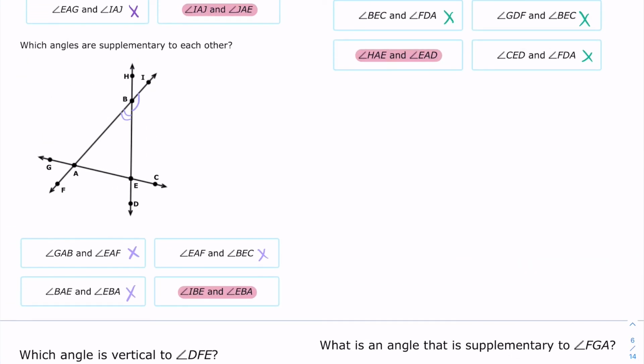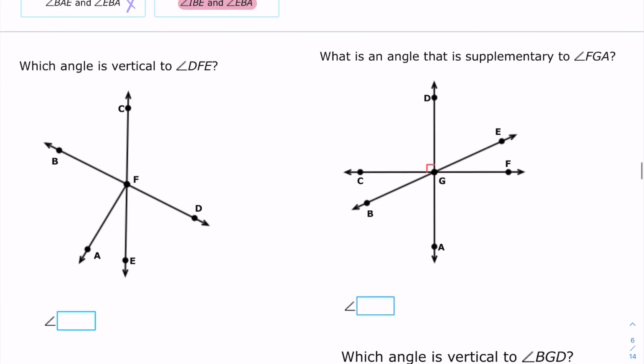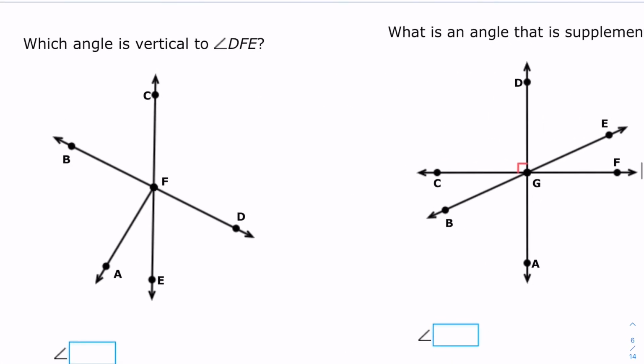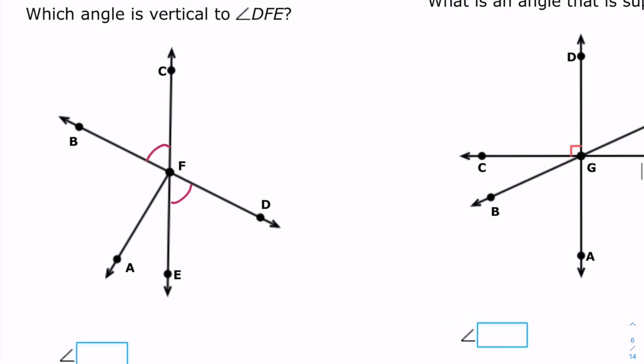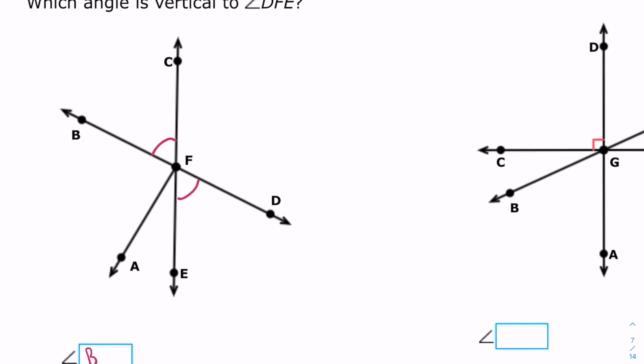Okay. All right. So which angle is vertical to DFE? In this case, we have DFE, which is here. So vertical is this one. These are formed by opposite rays. So DFE, and this one, it's going to be angle BFC.